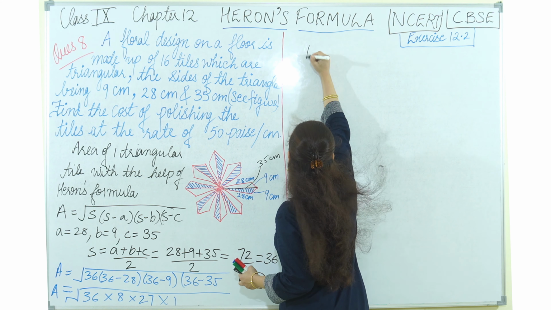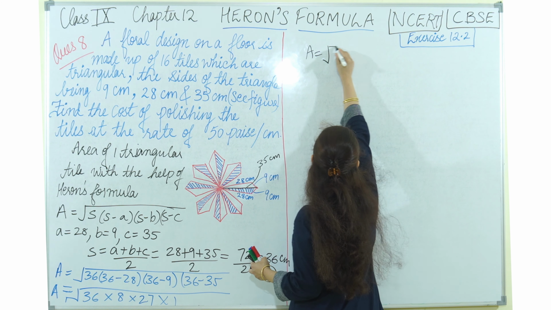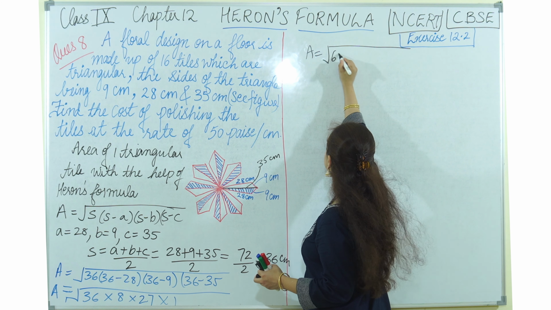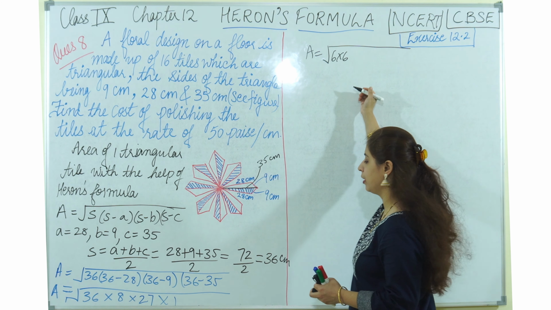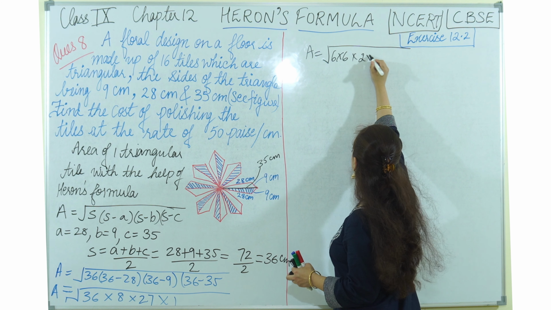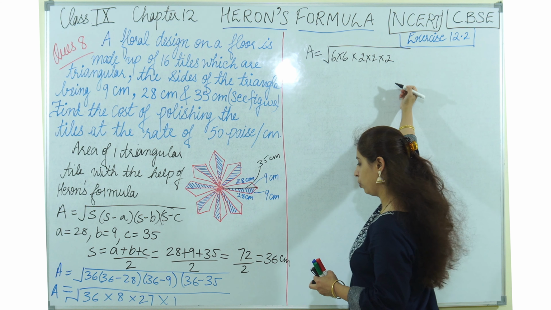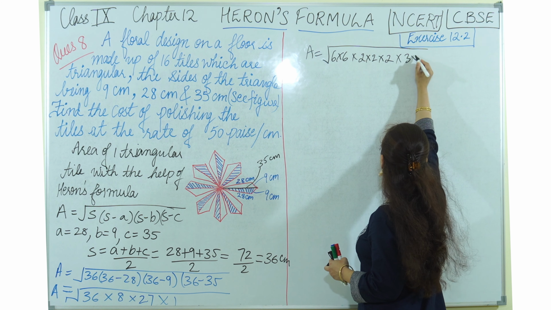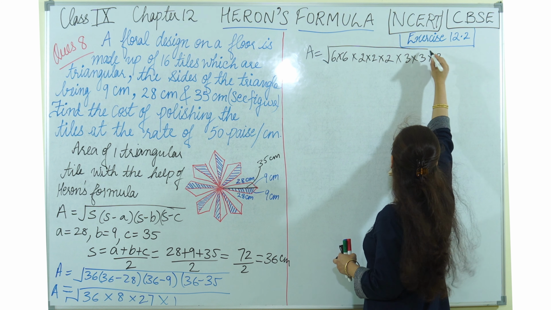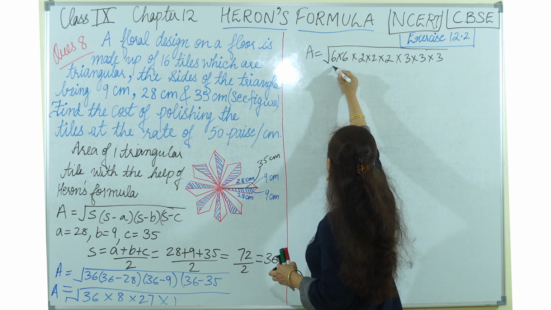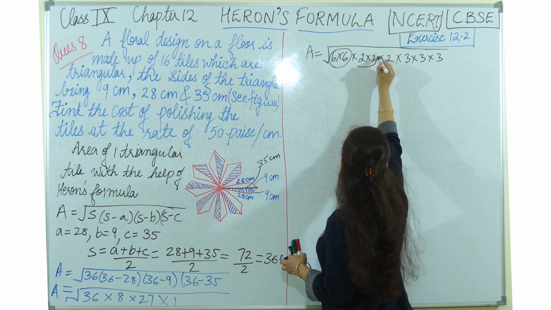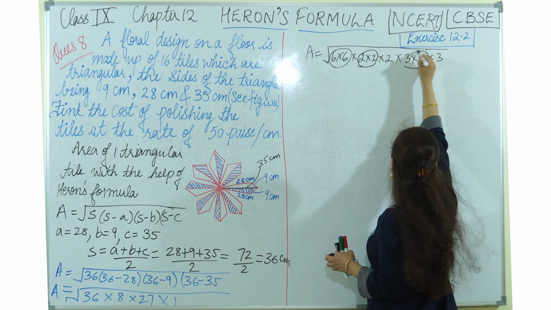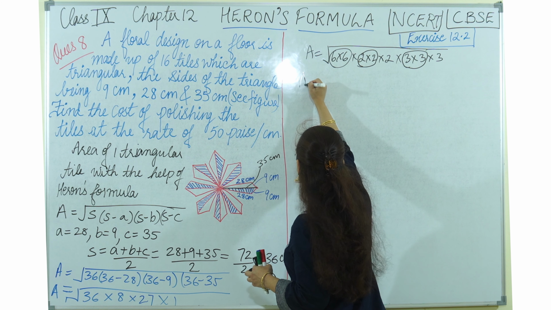So my area will be equal to under root 6 into 6, since 36 can be written so, then 2 into 2 into 2 and 3 into 3 into 3. Okay, so one pair of 6 will come out, one pair of 2 will come out and one pair of 3 will come out.